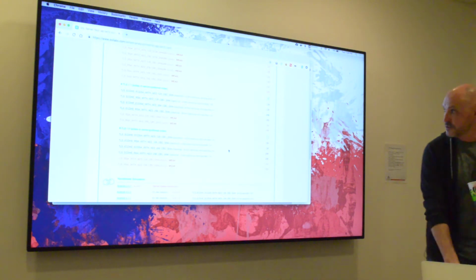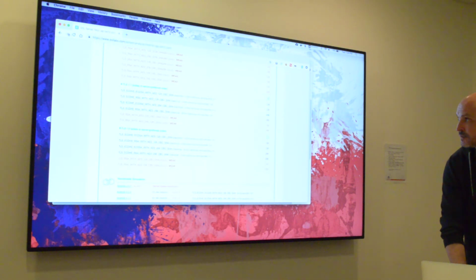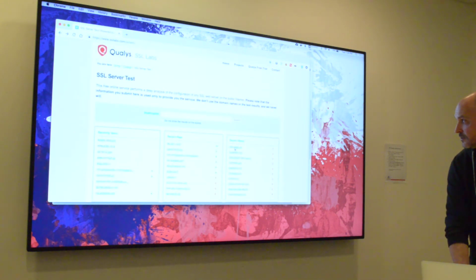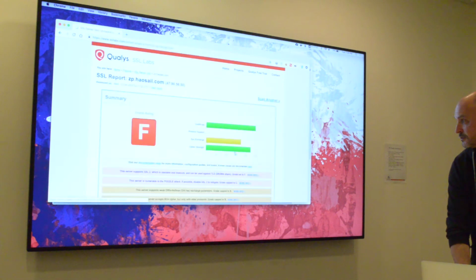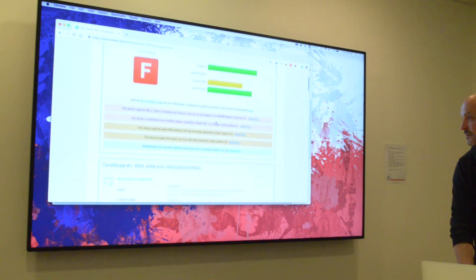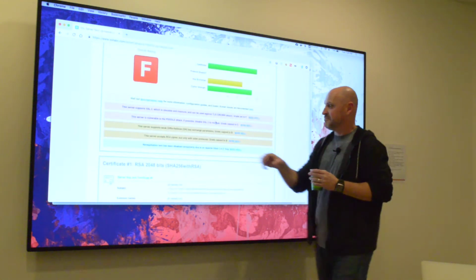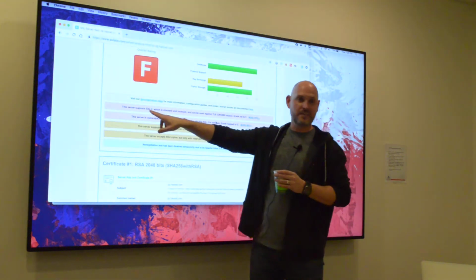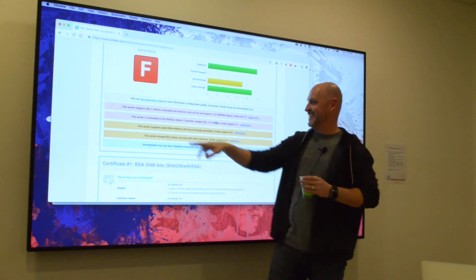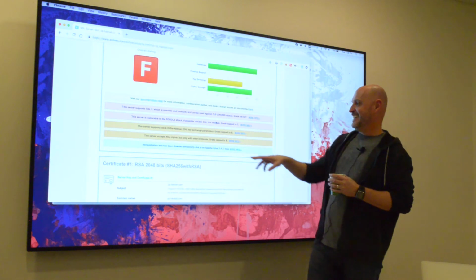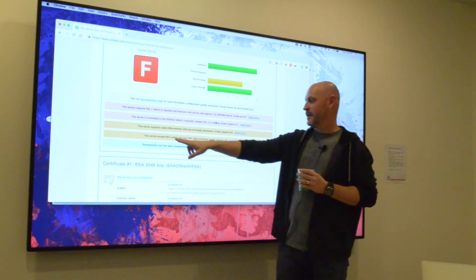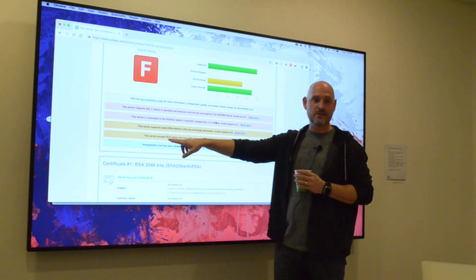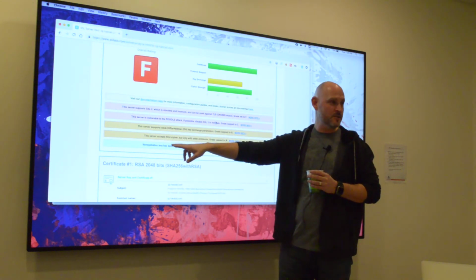Now, some of the failed servers, if we go back and take a look at one of the bad ones, let's go look at this one here. Actually, let's go do an F. Okay, so it supports SSL 2, right? It's vulnerable to Poodle. It supports the RC4 cipher, which is well known for its weaknesses.